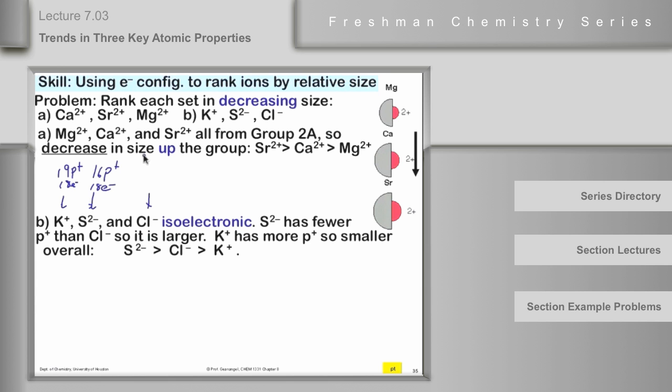And chloride has 17 protons and 18 electrons. So sulfide ion has the most electrons per proton, and so it's largest. And chloride ion is next, and potassium ion, potassium cation, will be the smallest.